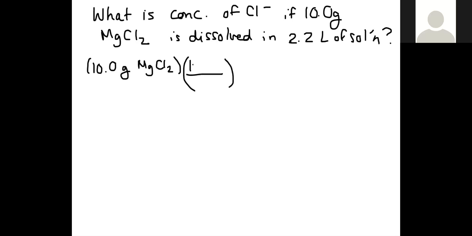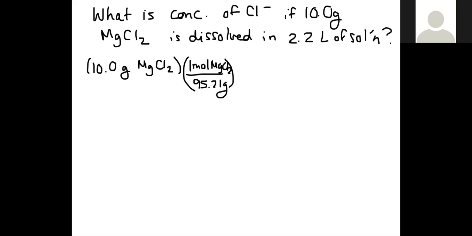So 1 mole of MgCl2 weighs 95.21 grams. And normally, if I wanted to determine the molarity of MgCl2, this compound, I would stop here with the number of moles and then divide that by the volume. However, I want Cl-.